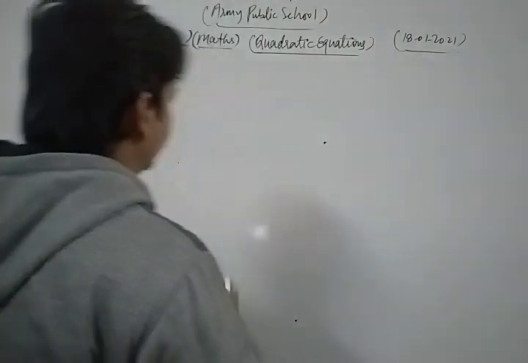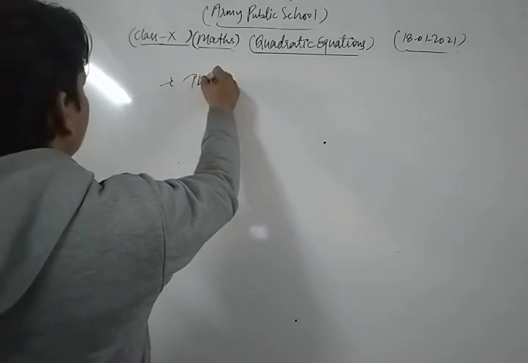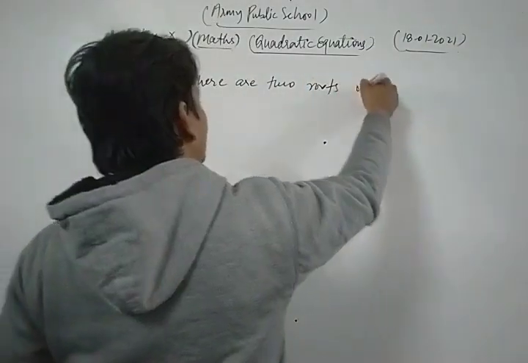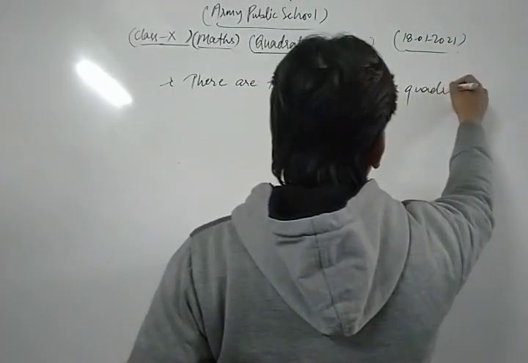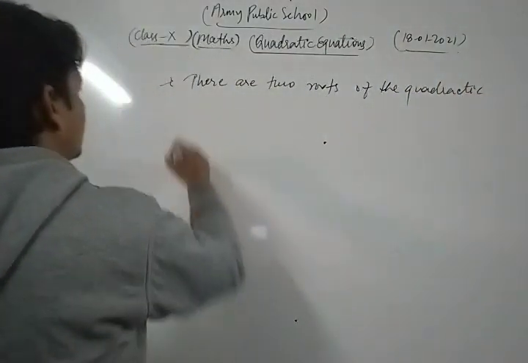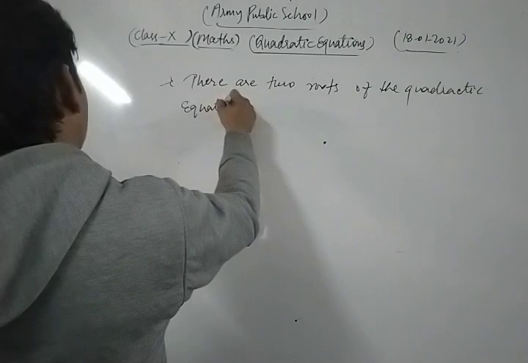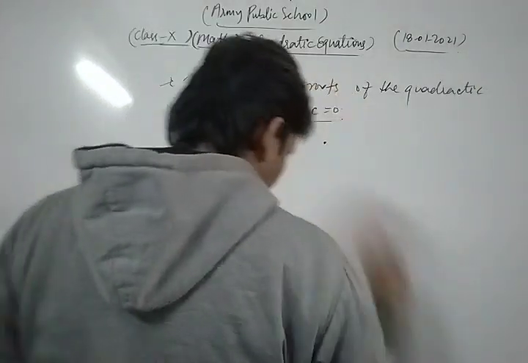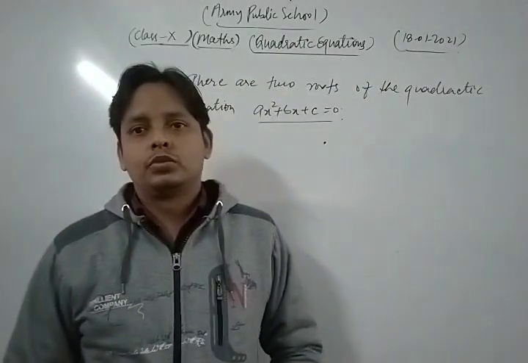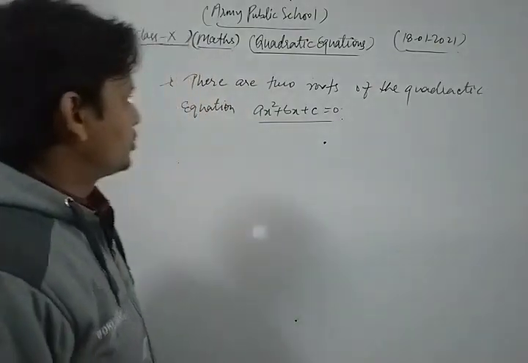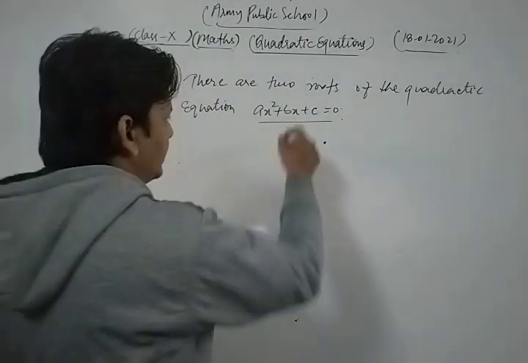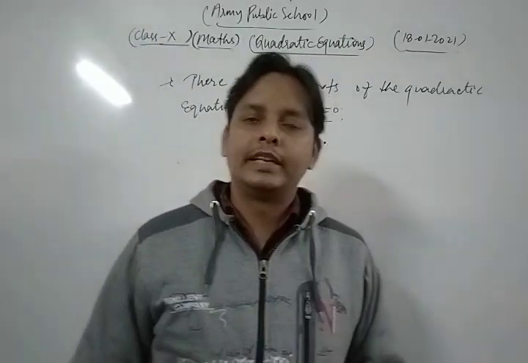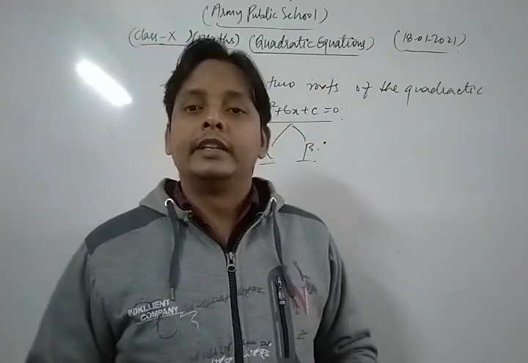Let's see, dear friends. There are two roots of the quadratic equation ax square plus bx plus c is equal to 0, named as alpha and beta. So there are two roots of any quadratic equation, named alpha and beta. These are also called the zeros.